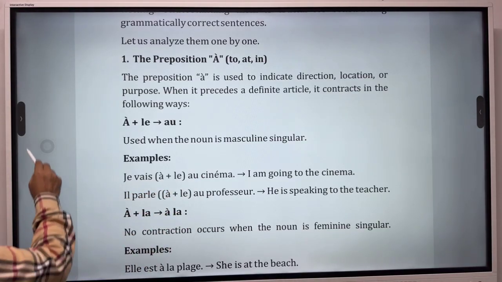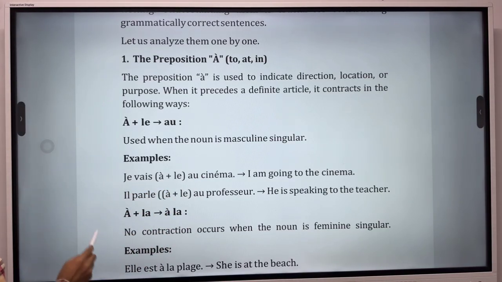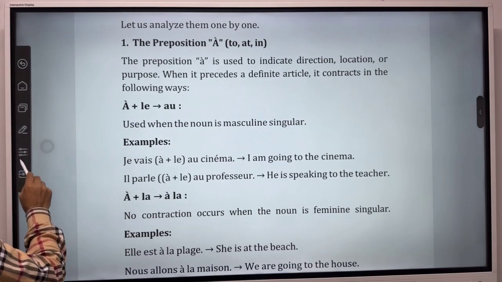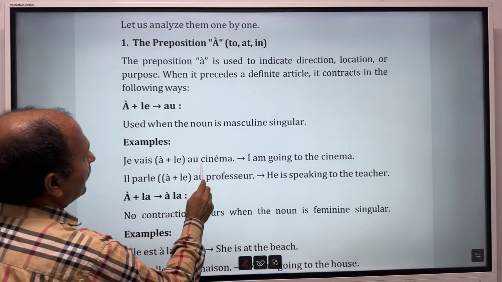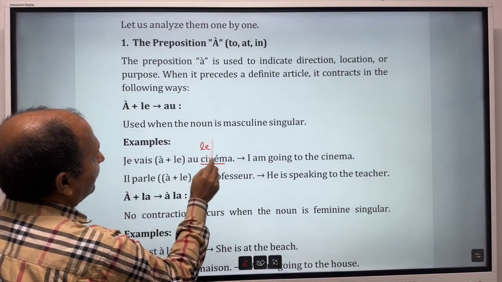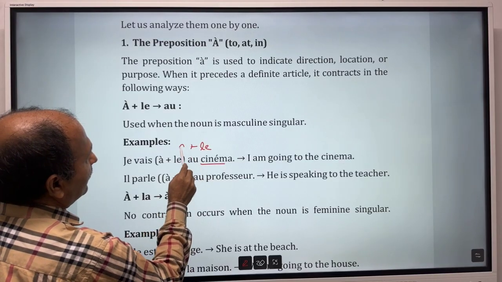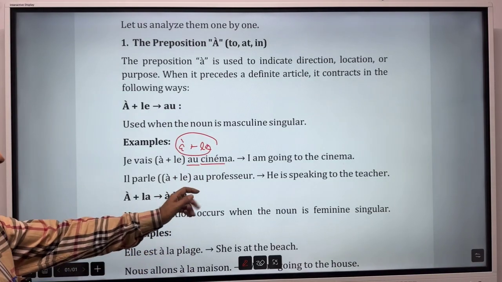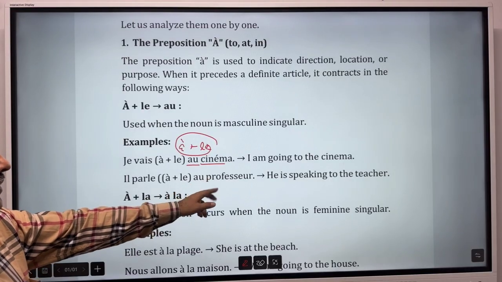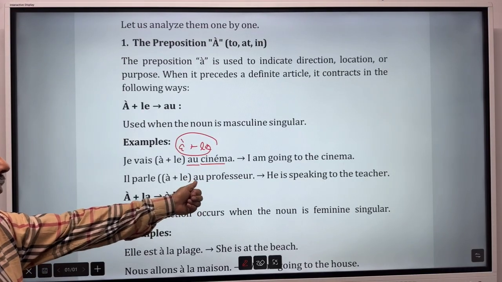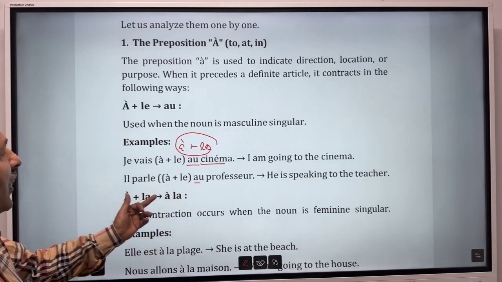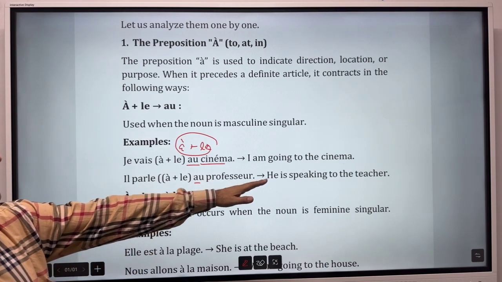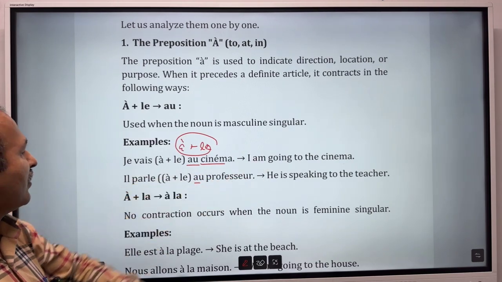Here cinéma takes the definite article le. We check what article it will take. If it is taking le, then à and le will combine to form au. The same is true here: Il parle au professeur. The article before professeur is le, that is why au. He is speaking to the teacher. I'm going to the cinema.